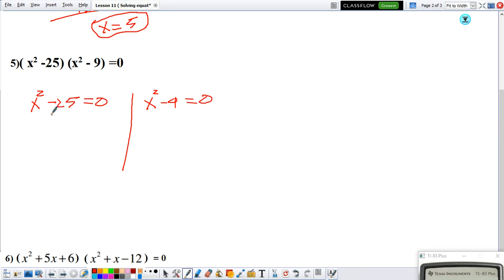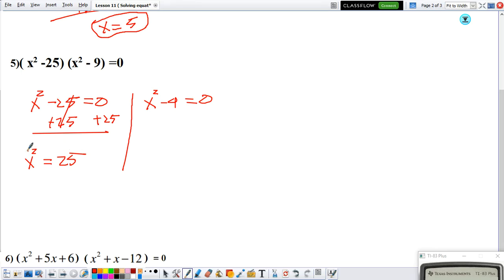Now you have to remember from algebra 1, to solve equations with a second exponent, you first need the second exponent alone. So let's add 25 to both sides. And now I have that x squared is equal to 25.